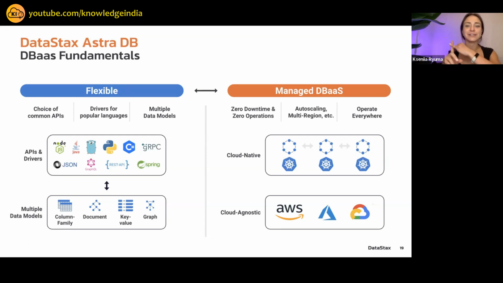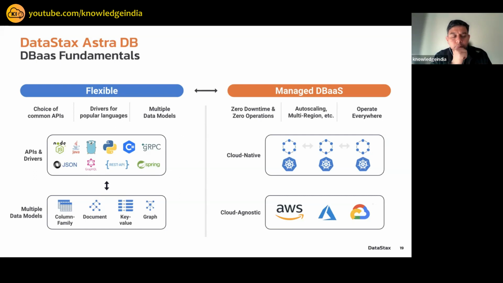It might be REST APIs, document APIs, SDKs. It might be Java drivers that need to connect to your front-end application, maybe using a newer stack such as React. All these connectivities and integration points are built into Astra database as soon as you provision the database.